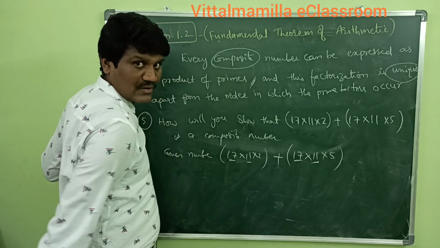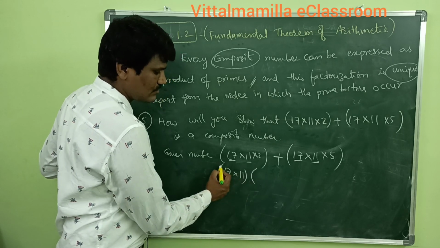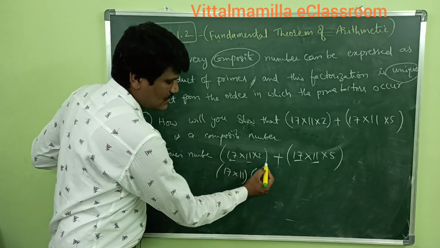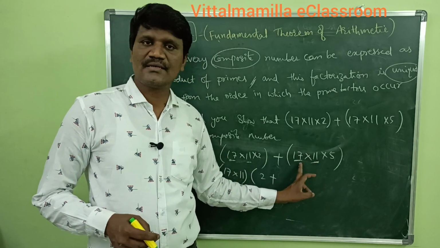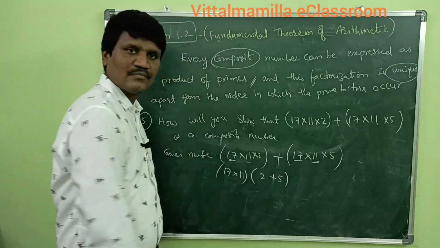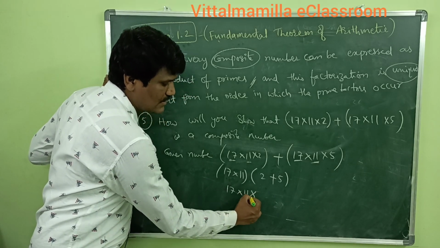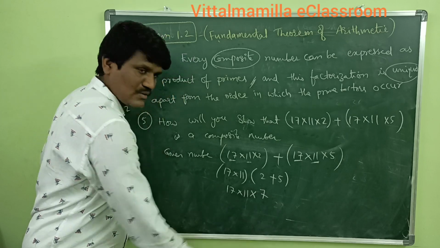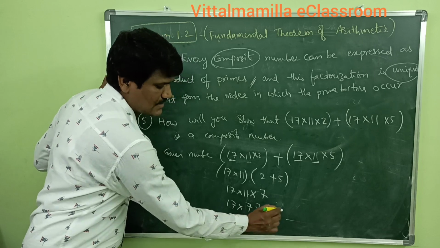I can take 17 into 11 common. If I take 17 into 11 common, what remains? 2 plus, and here also 17 into 11 is common, so what remains is 5. So 17 into 11 into (2 plus 5) is 17 into 11 into 7, which is 17 into 77.